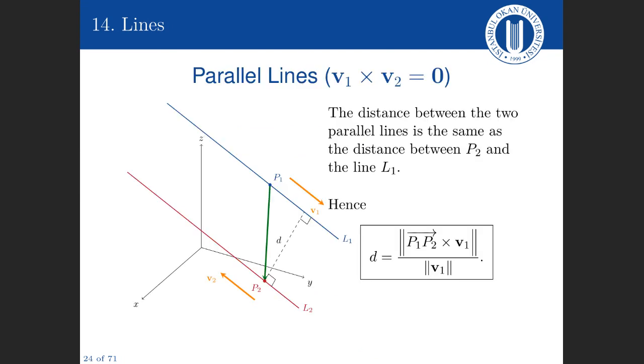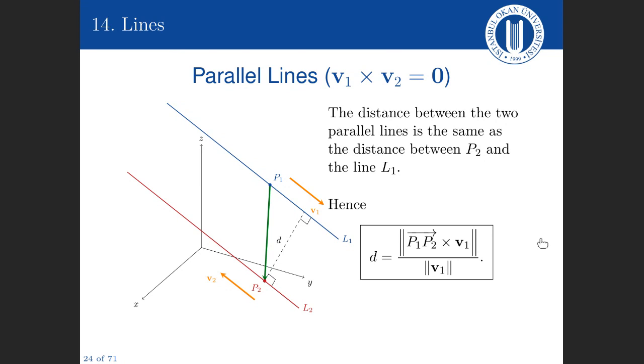Next, parallel lines. We can imagine that we have a picture something like this. Line L1 passes through the point P1, parallel to V1. Line L2 passes through P2, parallel to the vector V2.